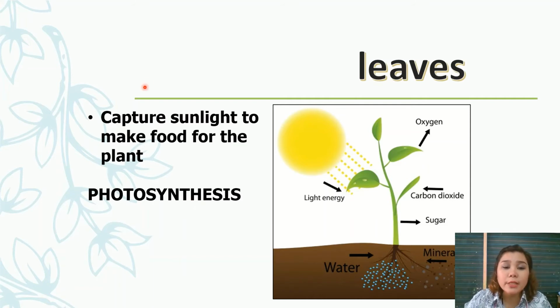So, this is what happens. The leaves would catch light. Kung makakita kayo ng solar panel, naka-spread out para makakuha sila ng enough light. So, with the leaves, ganun din ang ginagawa nila.